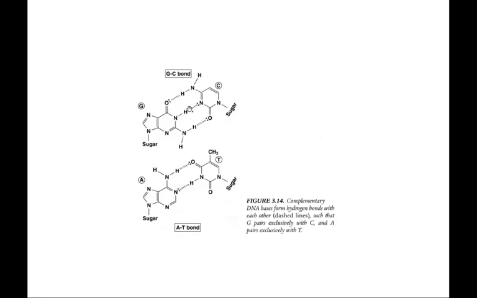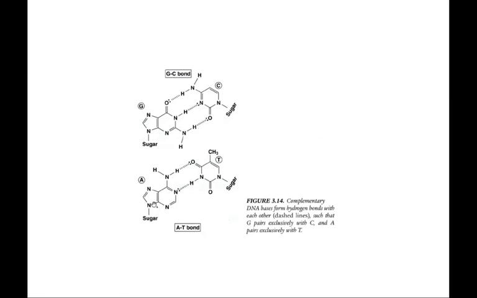Between nucleotide G and nucleotide C, there are 3 positions, so these 2 nucleotides can form 3 hydrogen bonds.